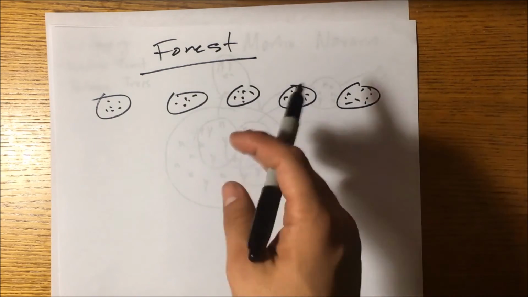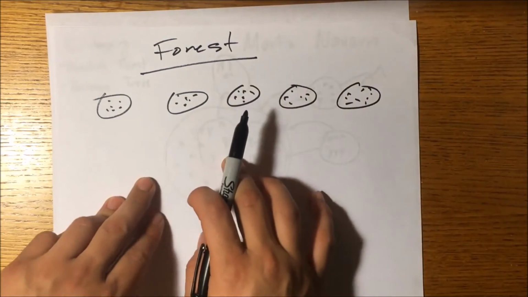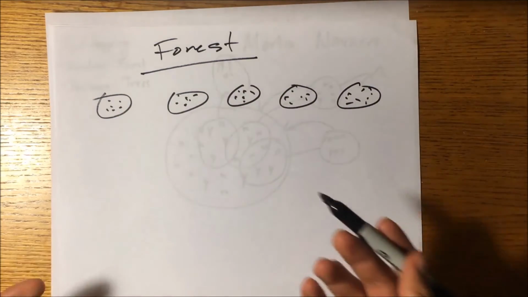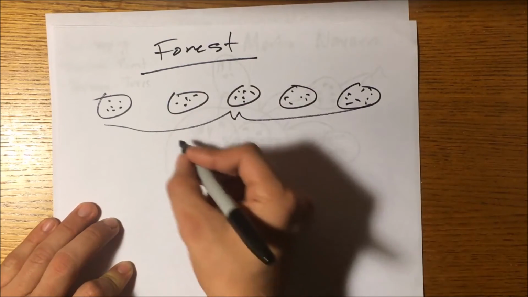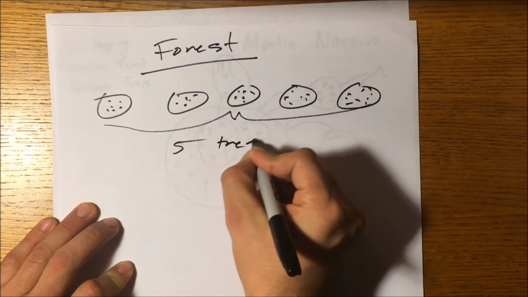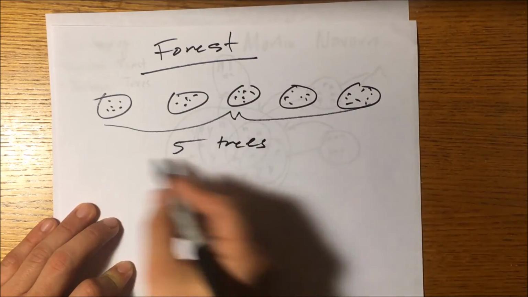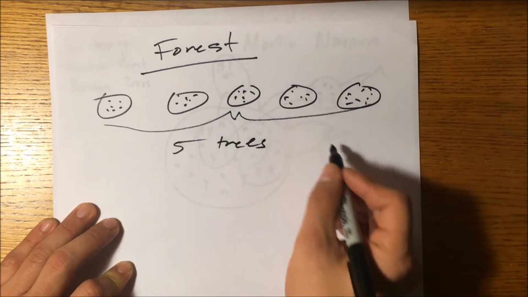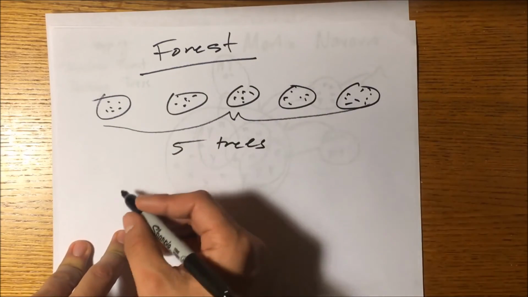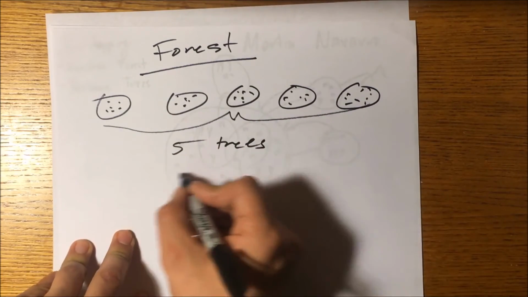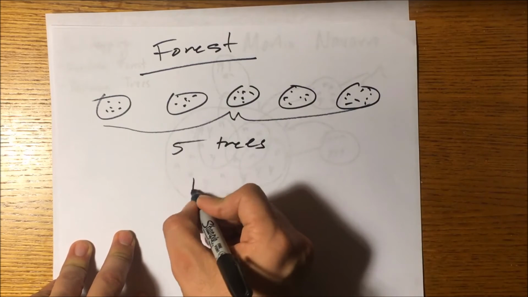And in order to get a result from this forest, we pretty much get the mean. Since there are 5 trees here, we add up all the results of the trees, all the yeses and nos. You add all the trees up, and you divide by the amount of trees.